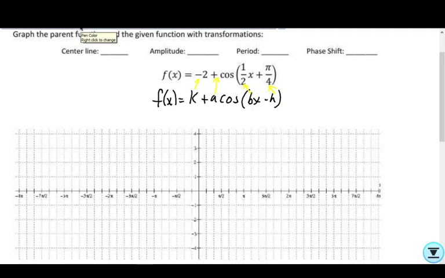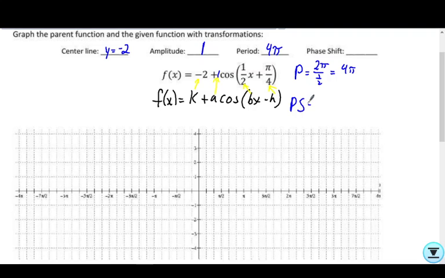So my center line is at y equals -2. My amplitude is 1, because there's 1 there. My period is going to be 4 pi, because it's 2 pi over 1/2, which is 4 pi.